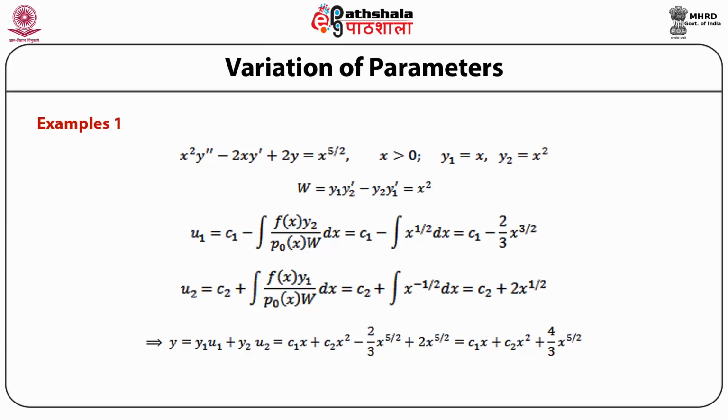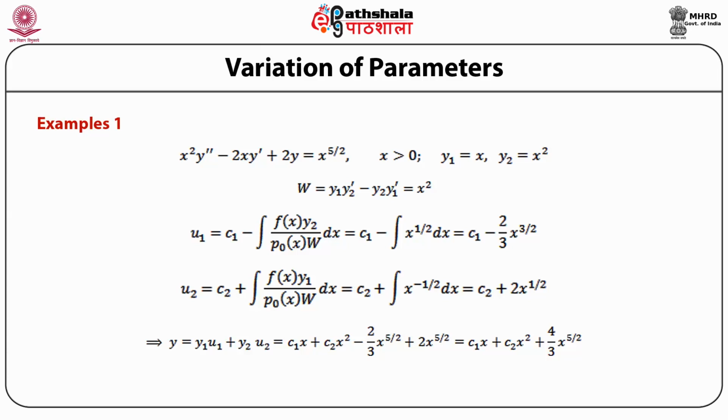So, the Wronskian W, given by y1 times y2 prime minus y2 times y1 prime, will be equal to x square.